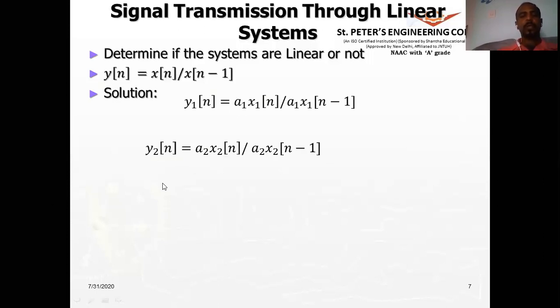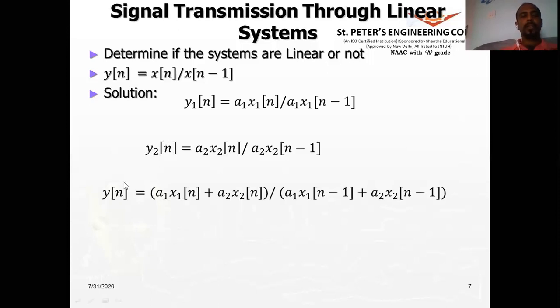So therefore, if I give both the signals at the same time and I find the total response, y of n is equal to T of a1 x1 of n plus a2 x2 of n, that will be equal to a1 x1 of n plus a2 x2 of n, this whole thing divided by a1 x1 of n minus 1 plus a2 x2 of n minus 1.